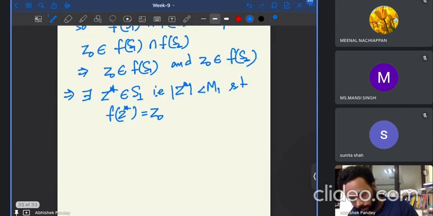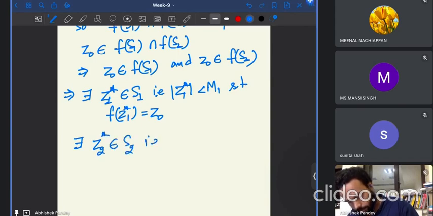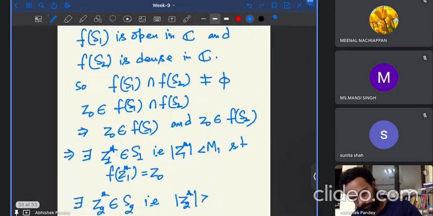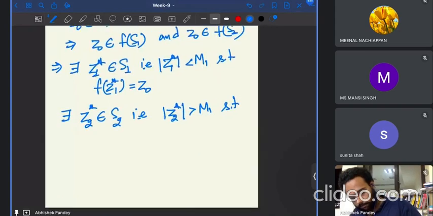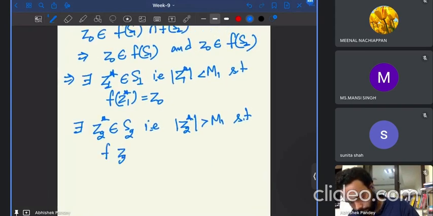Also, since z naught belongs to f of S2, there exists z2 star belonging to S2, that is mod of z2 star is greater than M1, such that f of z2 star is again z naught.